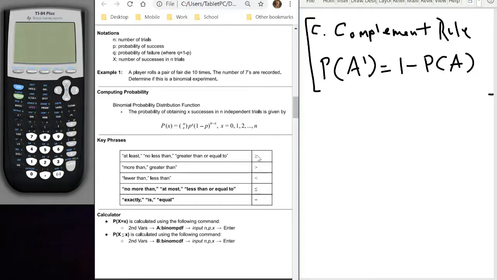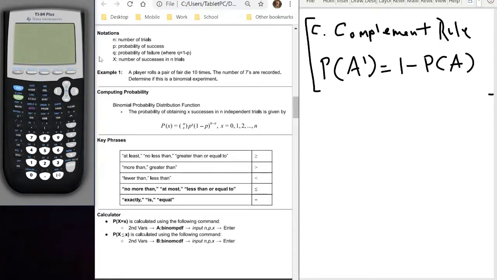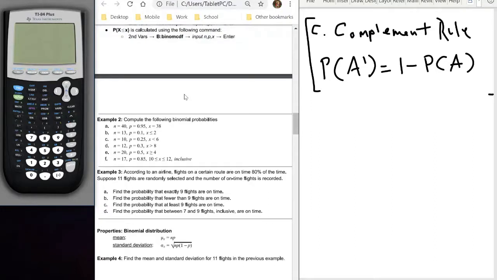Anytime you take the opposite, we must do 1 minus. So let's look at, first of all, the statement in part C. At least 9 flights. So we have 11 flights. Probability of success. And the way we write this statement, at least, that's x is greater than or equal to 9. Once again, this is backwards.